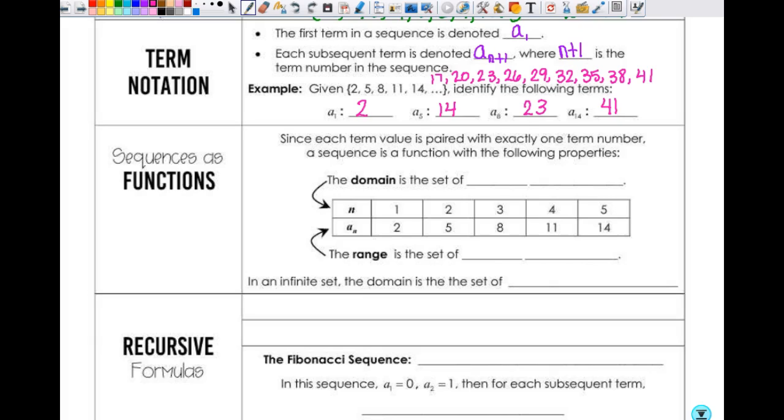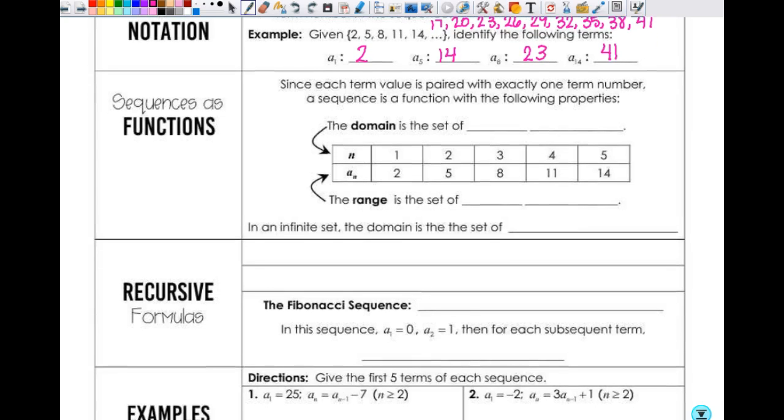All right, so then let's talk about some other of the vocabulary here. We've got sequences. Since each term value is paired with exactly one term number, a sequence is a function with the following properties. The domain is the set of term numbers.